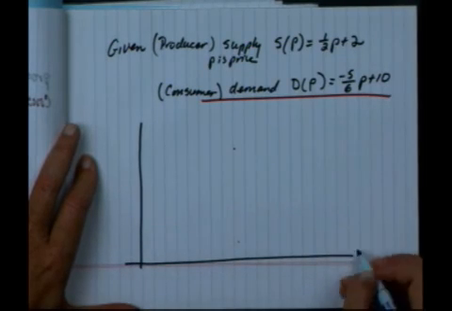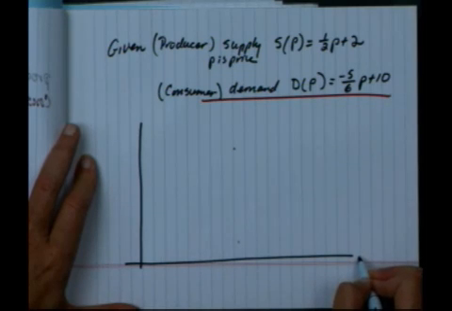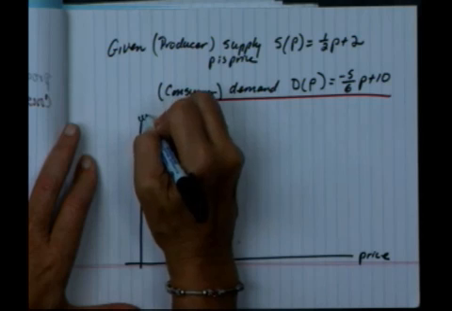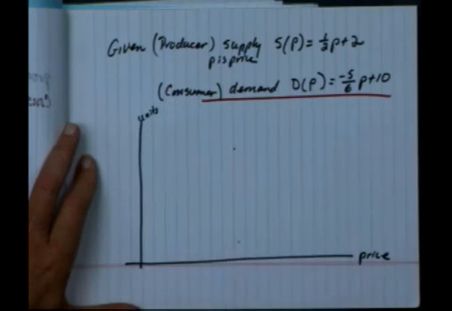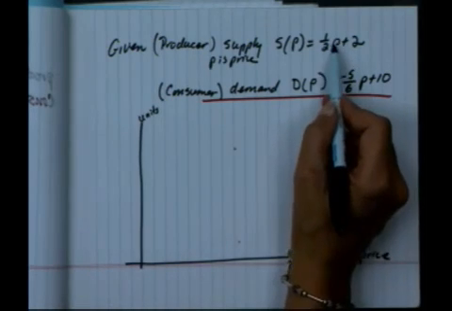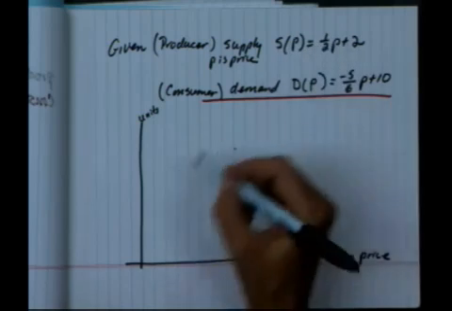Okay, along the x-axis, I'm going to put what? Price. This is dollars. And along this axis is units. Number of units, and then we would have our demand. Okay, because when the certain price, that will be the amount of the supply.